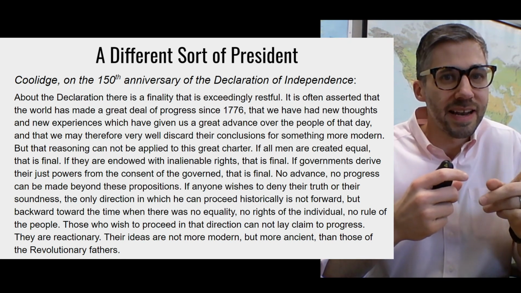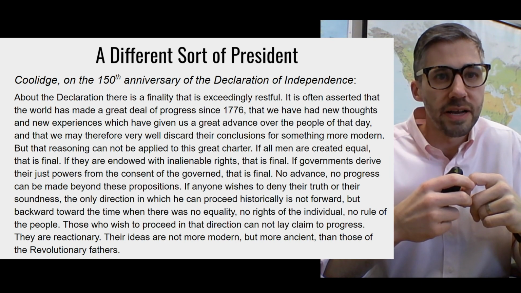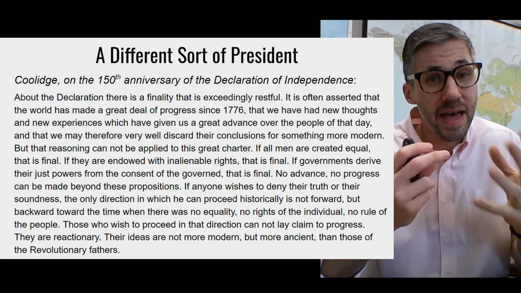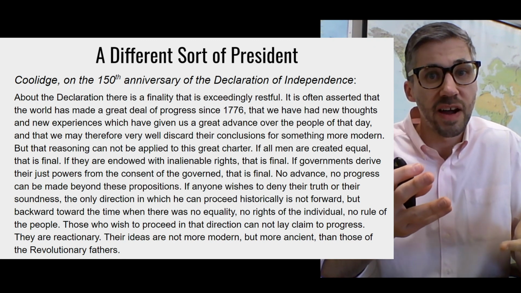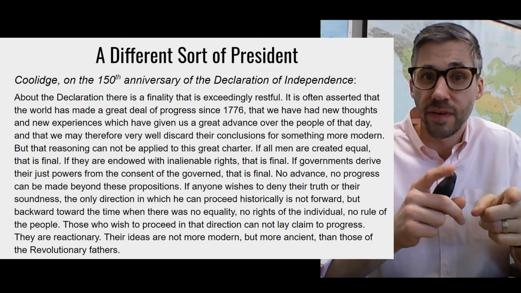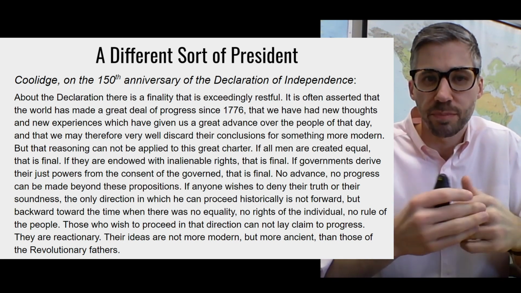But that reasoning cannot be applied to this great charter, the Declaration. If all men are created equal, that's final. If they are endowed with inalienable rights, that is final. If governments derive their just powers from the consent of the governed, that is final. No advance, no progress can be made beyond these propositions.